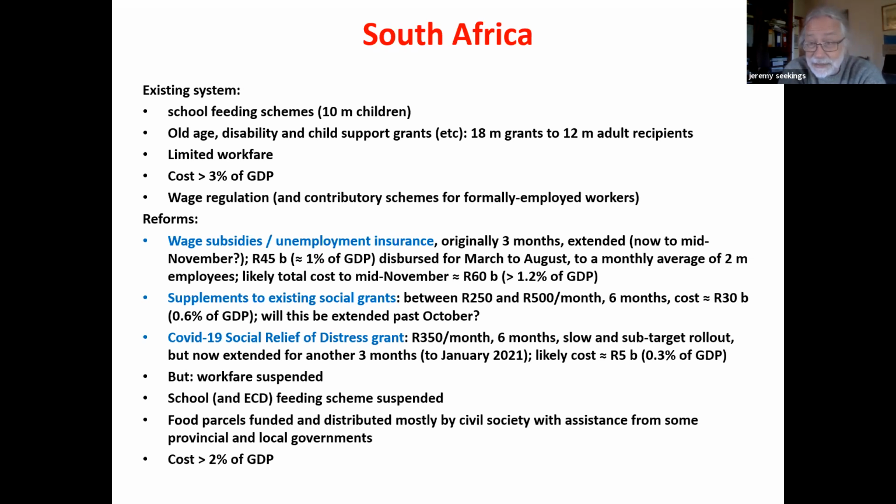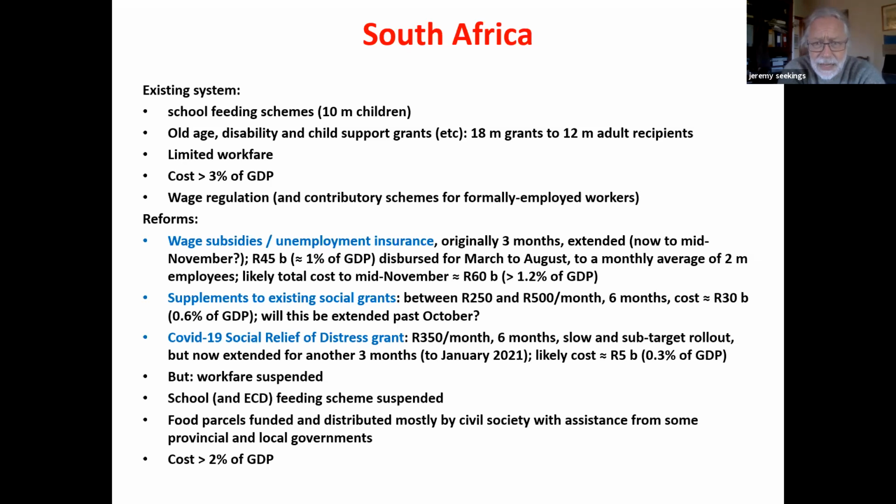Right? And this has been a huge disbursement. It's been extended now. We think it's been extended to the middle of November. Whether it'll be extended further, we don't know. But the extra cost is going to be clearly well over 1% of GDP.